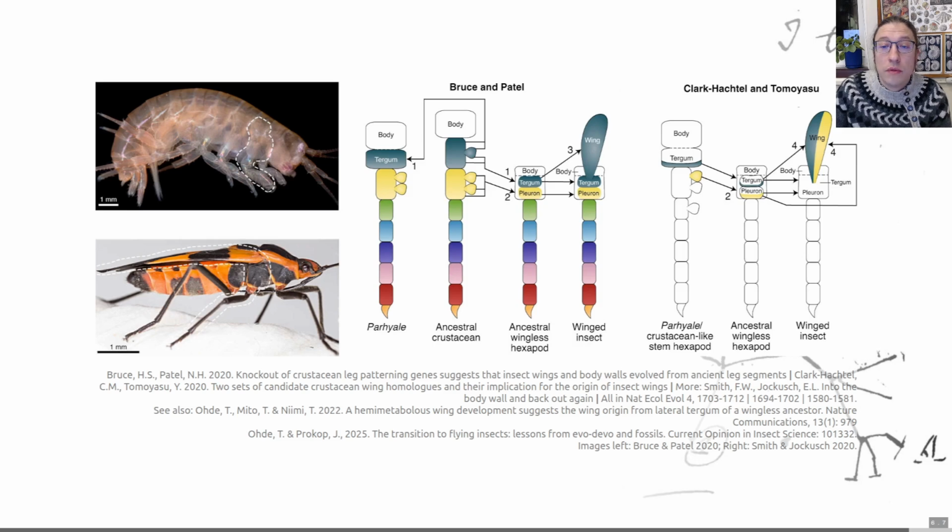And so we're starting to build, I think, a consensus about the origin of insect wings and the sequence of events that went from a crustacean to a flying insect.